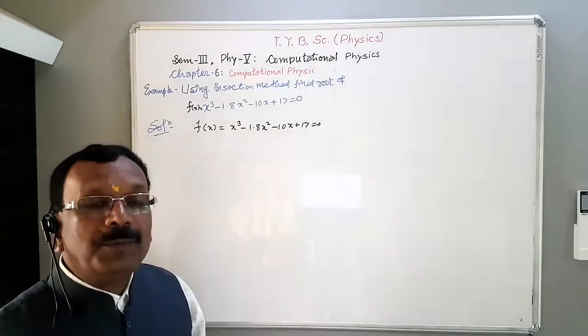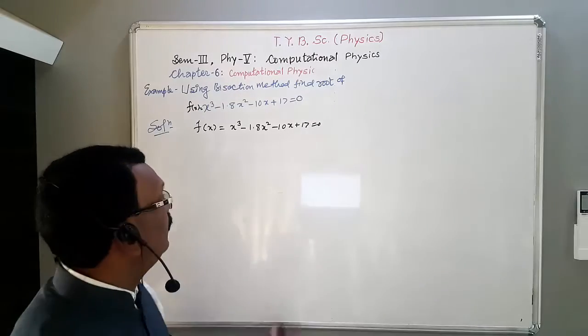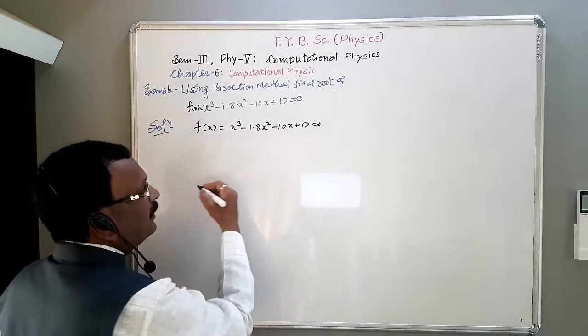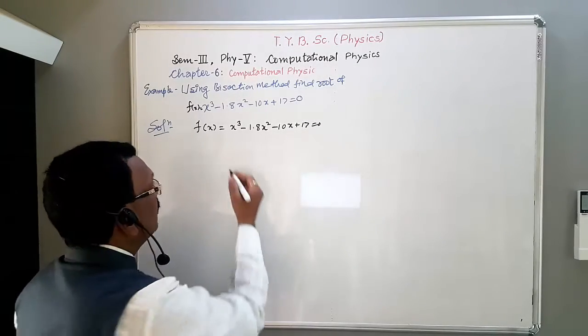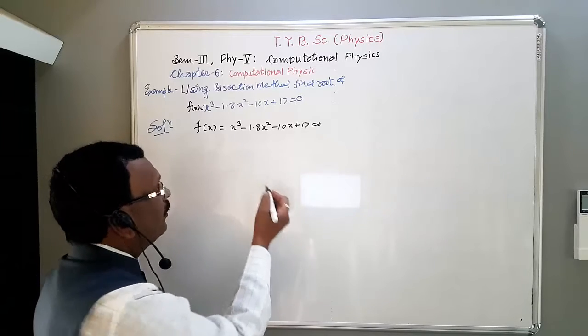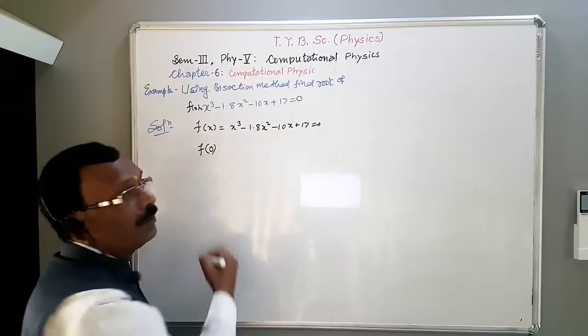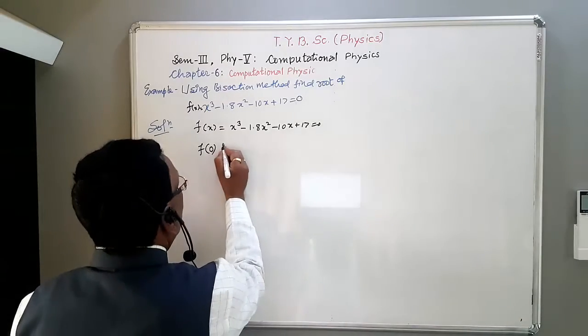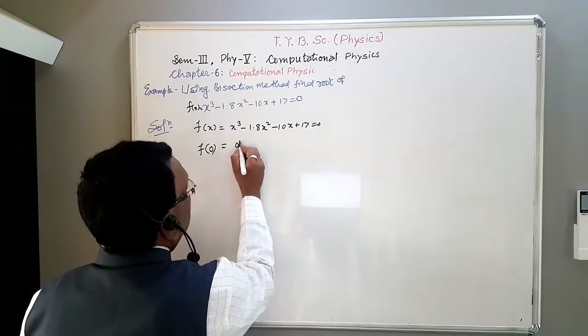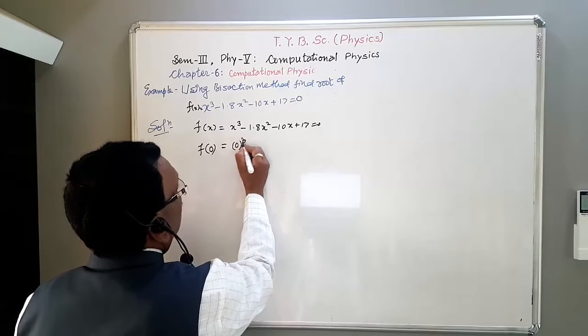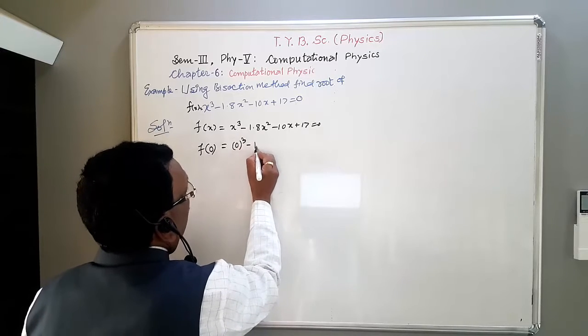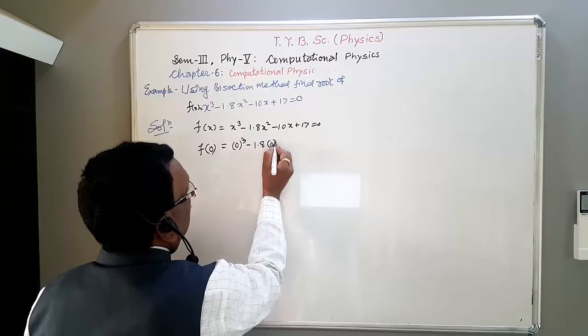Now first of all, what do we have to do? We have to put the value of x equal to 0 in this function and find out f of 0.